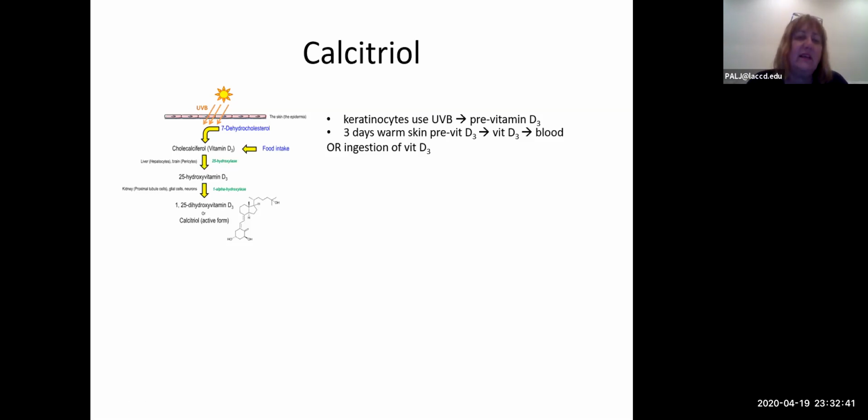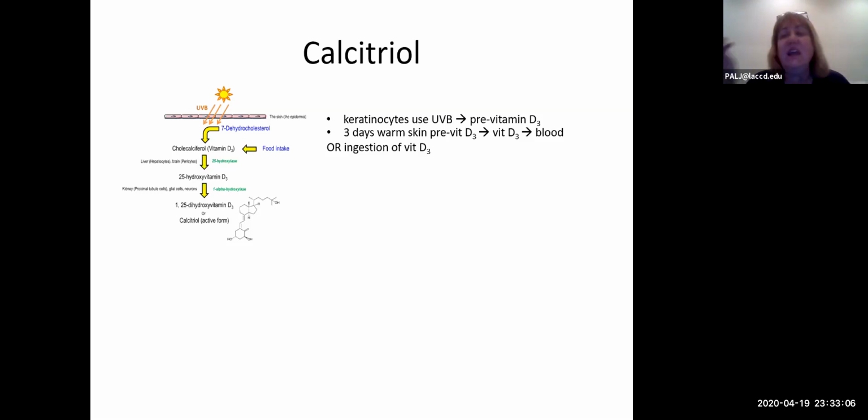And what happens is a cholesterol-like compound in the skin changes to a pre-vitamin D compound. And then that pre-vitamin D compound, if you have like 3 days of this, will eventually become what's called vitamin D3, which is the same form of vitamin D3 that is in the food.